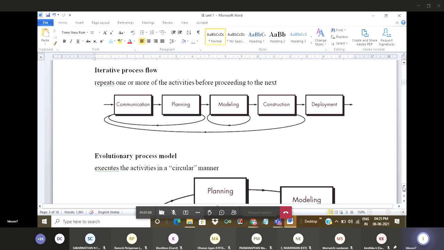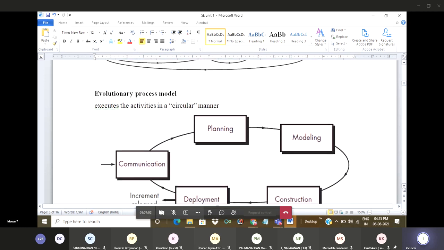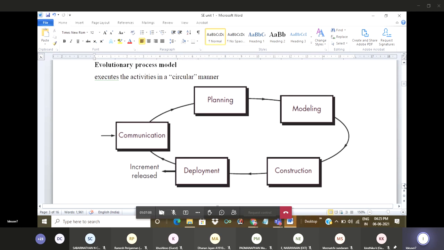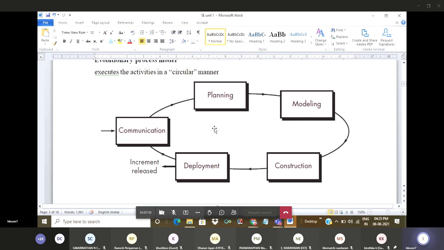Next is evolutionary. Evolutionary executes the activities in a circular manner. Communication, planning, modeling, construction, deployment: these are the activities that have to execute in a circular manner.